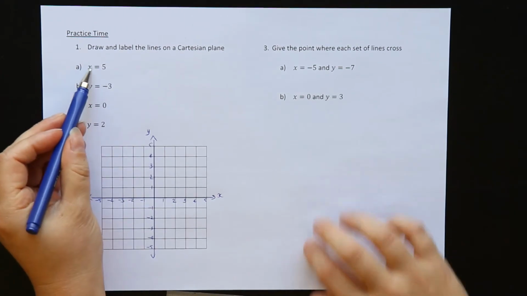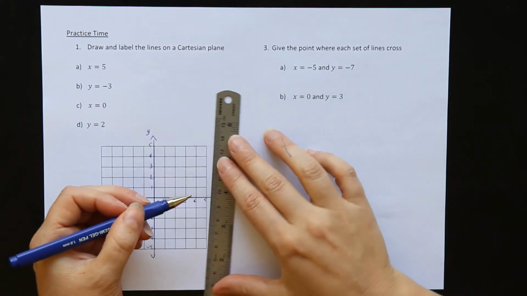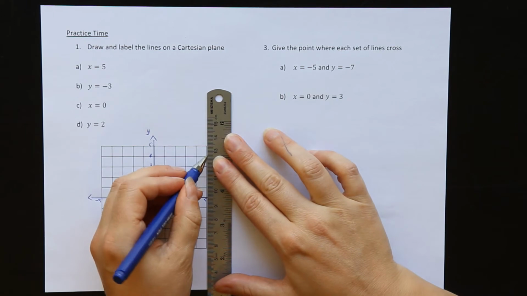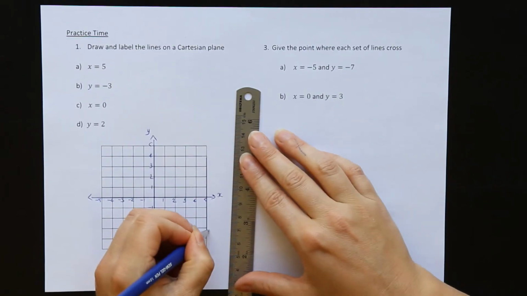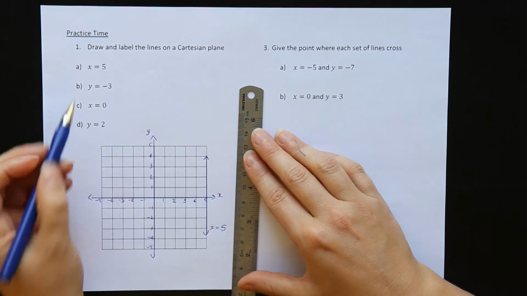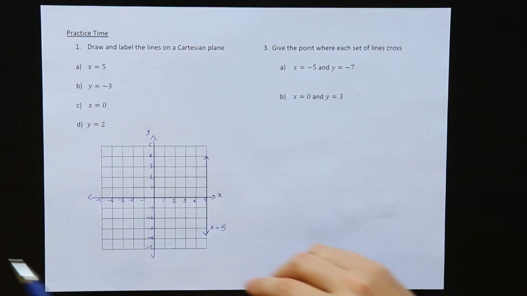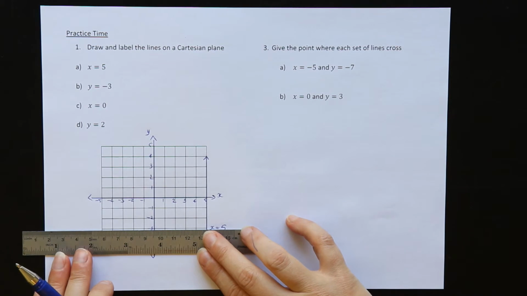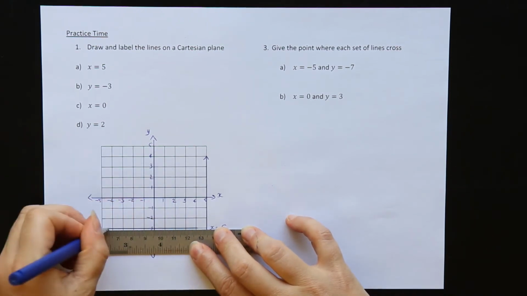Okay, so here we go. X is equal to 5, goes through the x-axis at 5, all the way out here. So x equals 5. Y equals negative 3, going through the y-axis at negative 3.